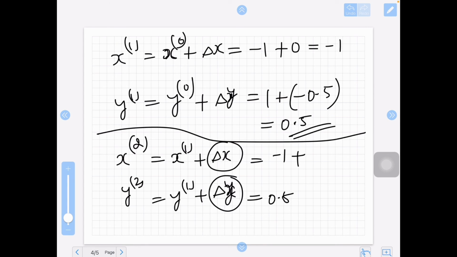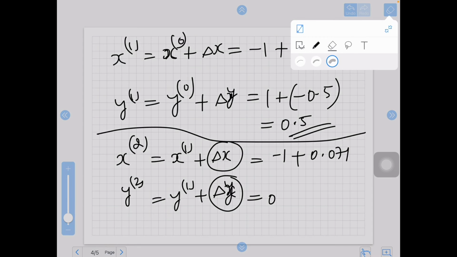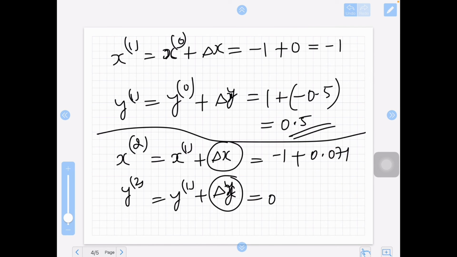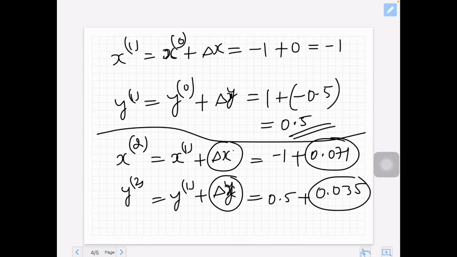At the end of the second iteration, the delta x value you will get is 0.071, and here this is 0.5, the delta y value you will get is 0.035. These two values are for delta x and delta y. Simplify that, and you will get the x and y values at the end of the second iteration.